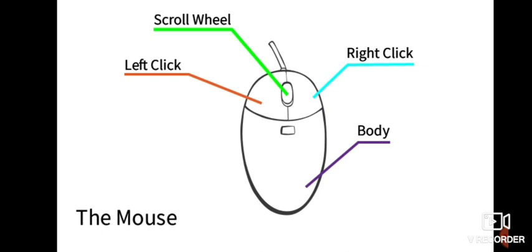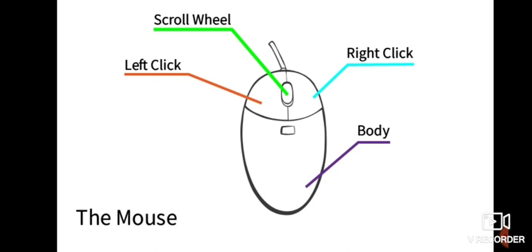That wheel, you can check, is 1 small wheel between 2 buttons, and it is known as scroll wheel. And 1 wire also, long wire. So mouse has 2 buttons and 1 scroll wheel and 1 wire.